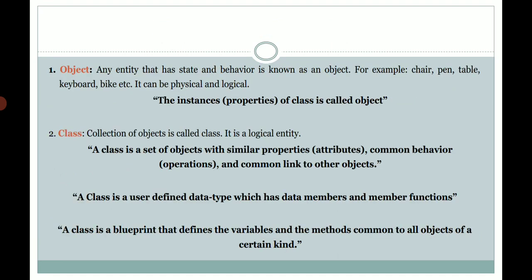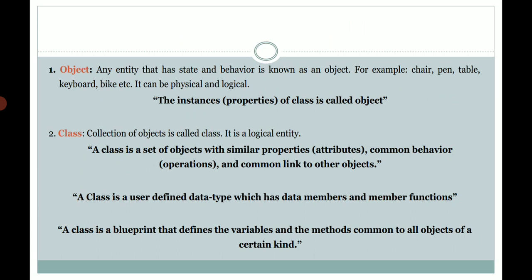The first basic concept is object. Already I told the definition. Once again, objects are real world entities. Any entity that has a state and behavior, we can call it an object. For example, chair, pen, table, keyboard, bike, TV, etc. It can be physical and also logical.